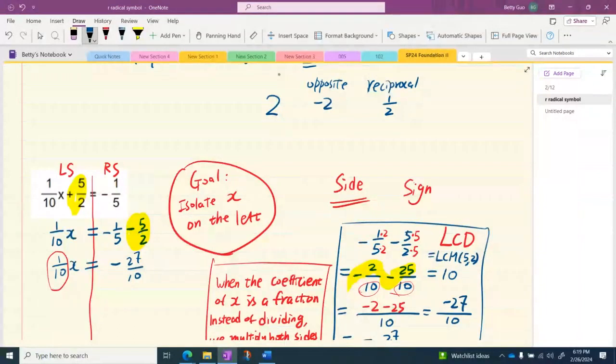And what we have here is 1/10. And what's the opposite of 1/10? Of course, we don't need the opposite in this case. I'll just compare and contrast the two concepts so you don't confuse one with the other.